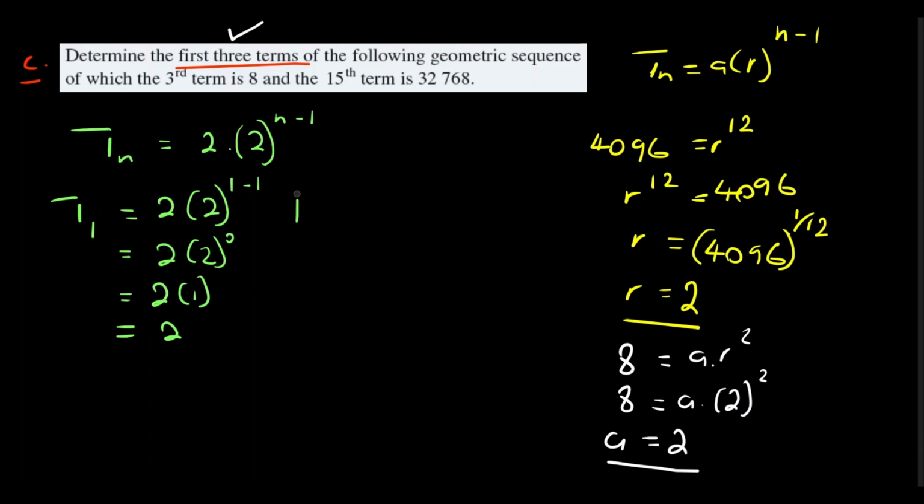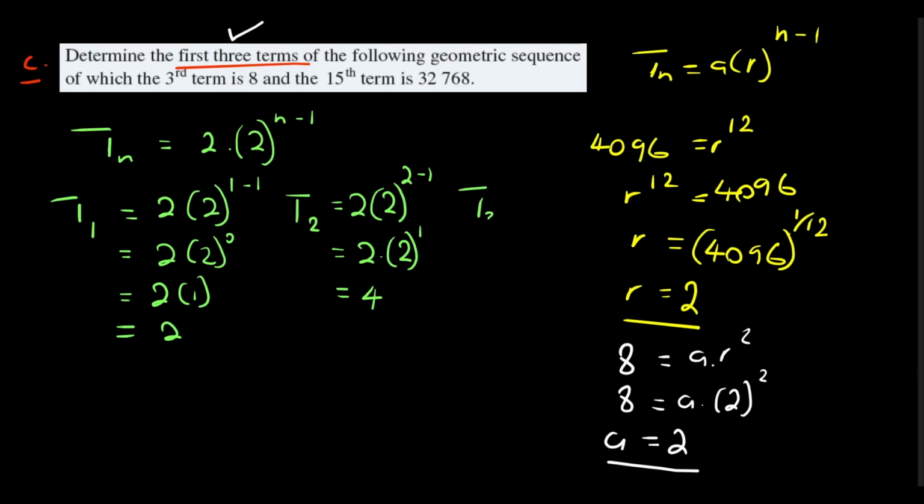Then we calculate our t2, which will be 2 times 2 to the power of 2 minus 1, which is 2 times 2, which is 4.